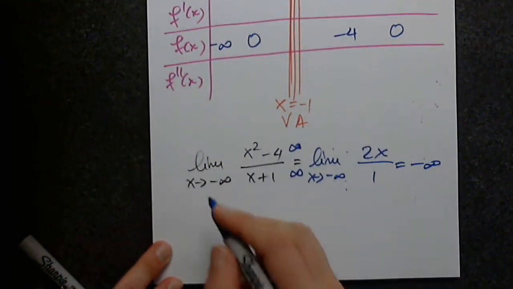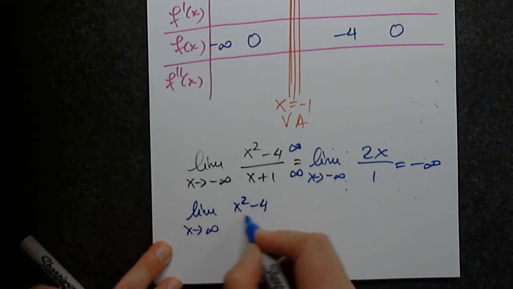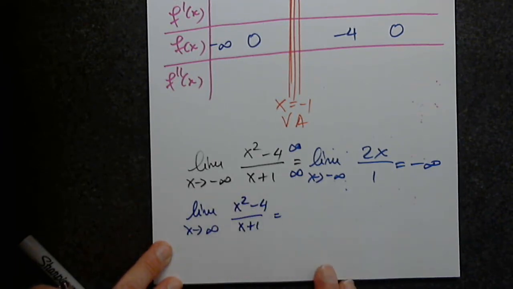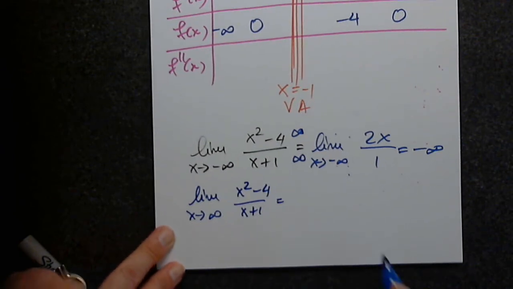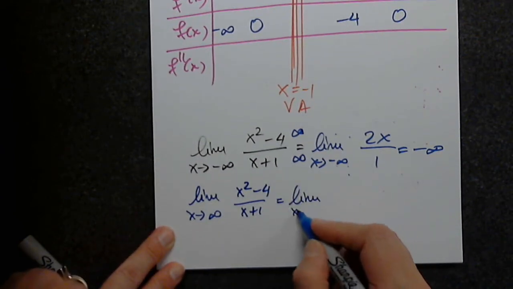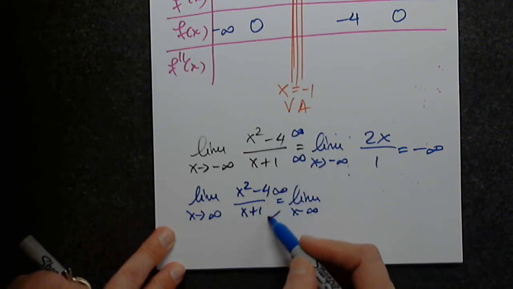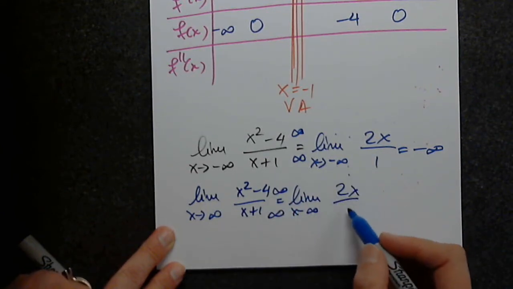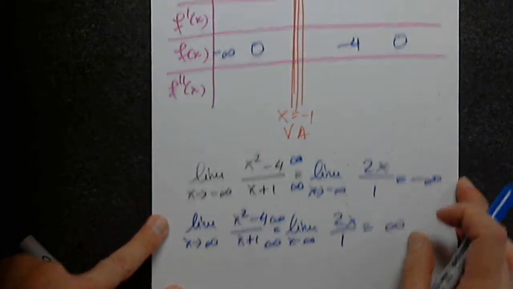At the other end, limit as x approaches infinity from x squared minus 4 over x plus 1. Again, infinity over infinity. The top goes to 2x over 1. So the limit is? Excellent.